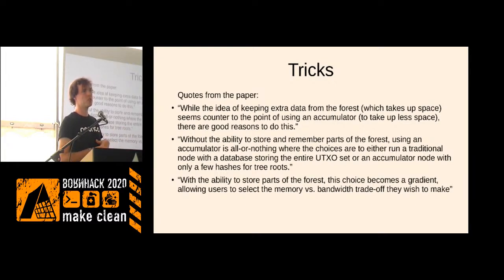But you can choose to save an arbitrary number of proofs. It's just saving more nodes of that tree. Like you could say, I only store the root because the root commits to everything. But this is all about a trade-off between bandwidth and storage. So you could say, I just store the things that will not be spent for a long time.